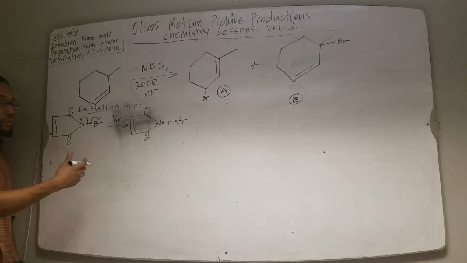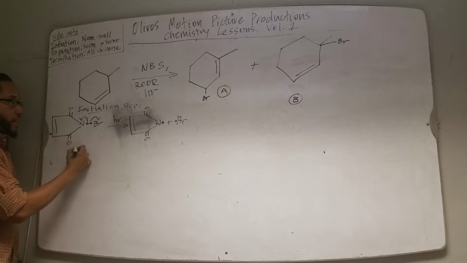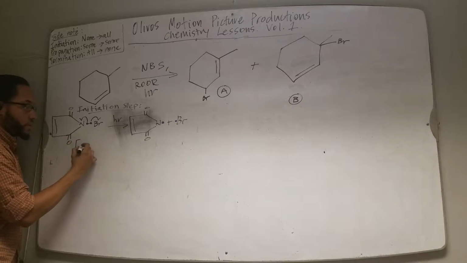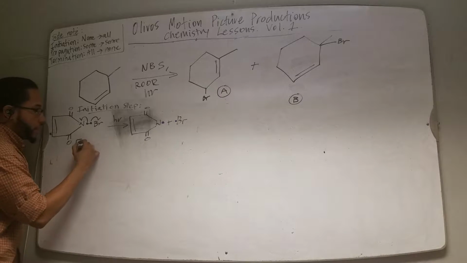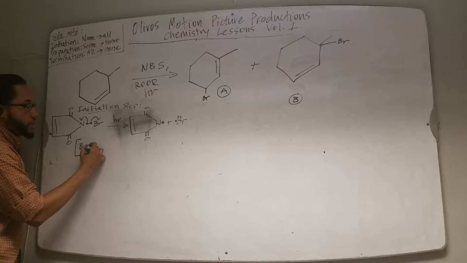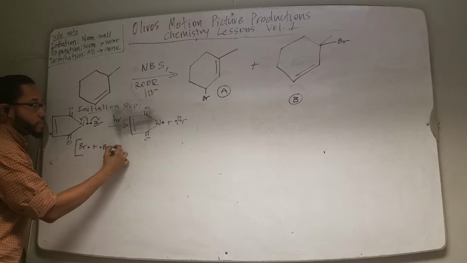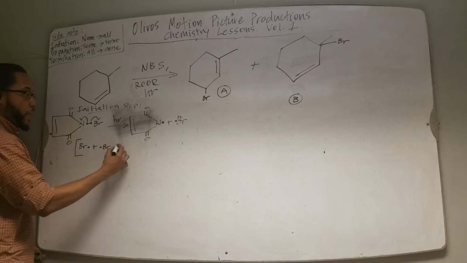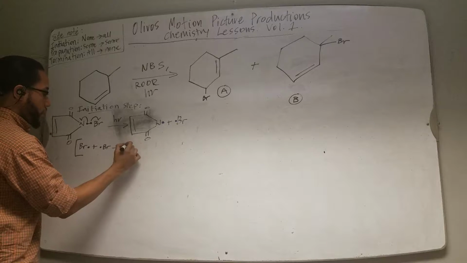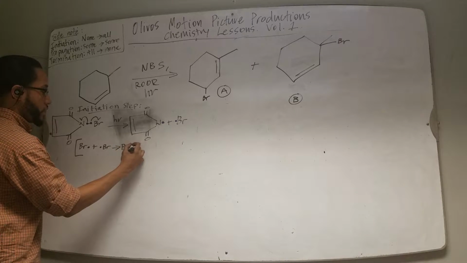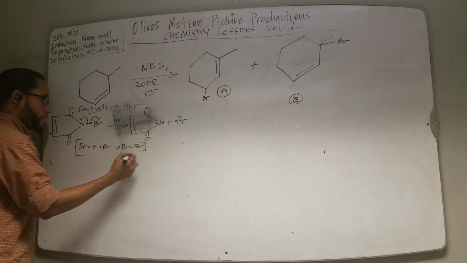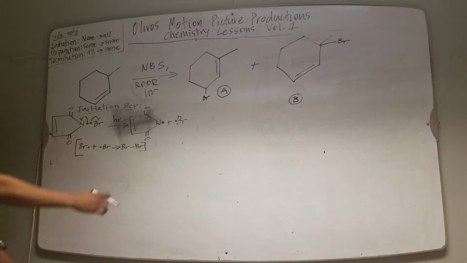Now, what some people may ask is, what about these double bonded bromines? Where did they come from? So in the little side note, what I like to do is say bromine radical and another bromine. This is technically a termination step, but it's in the initiation step. This belongs in the beginning.